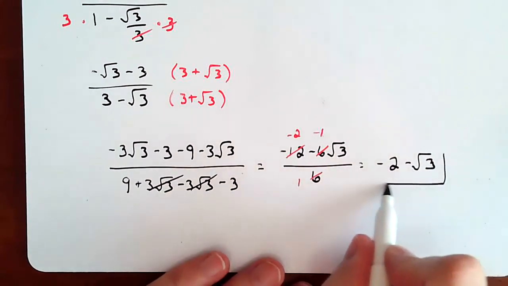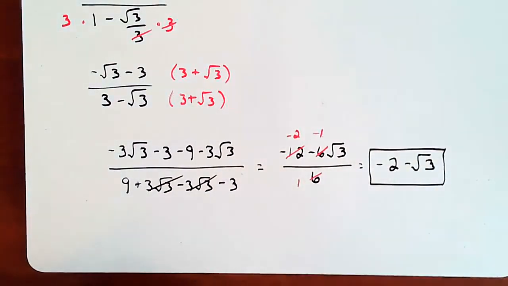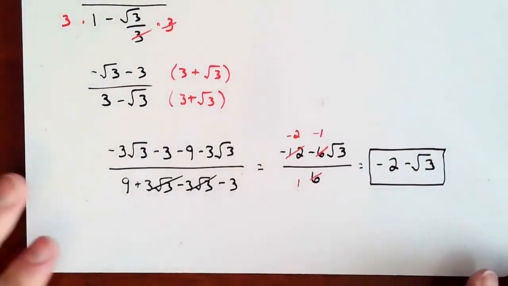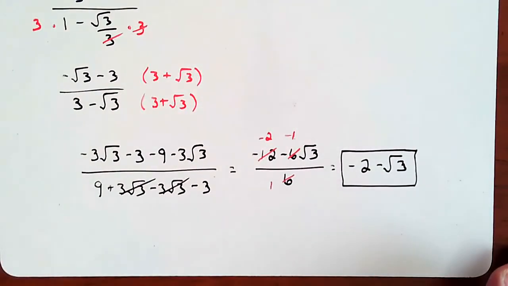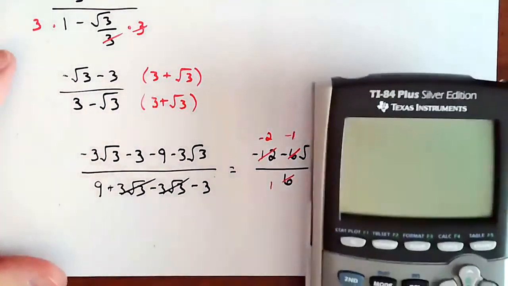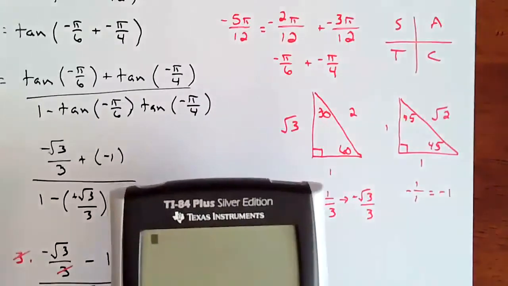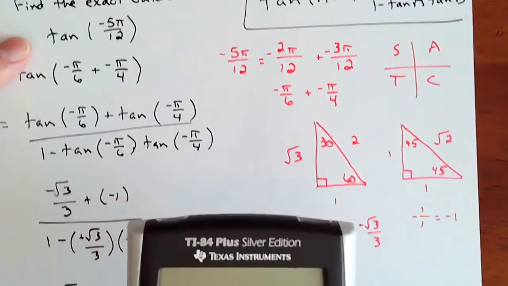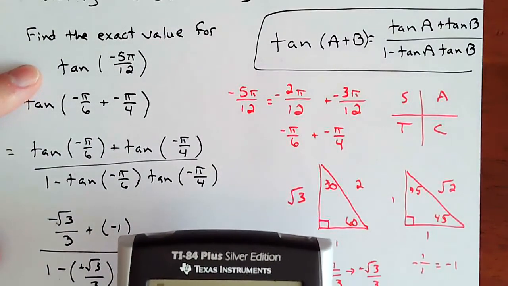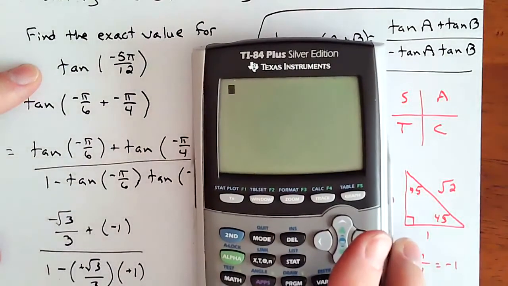So when we finally clean this whole thing up, we get our final answer to be negative 2 minus root 3. Okay, now how do we know we're right? So the last little bit of this thing would be, I would like to know if I'm right. So I'm going to put it into the calculator and find out. So our original problem was we were doing tangent of negative 5 pi over 12. So I'm going to figure out what that value is.